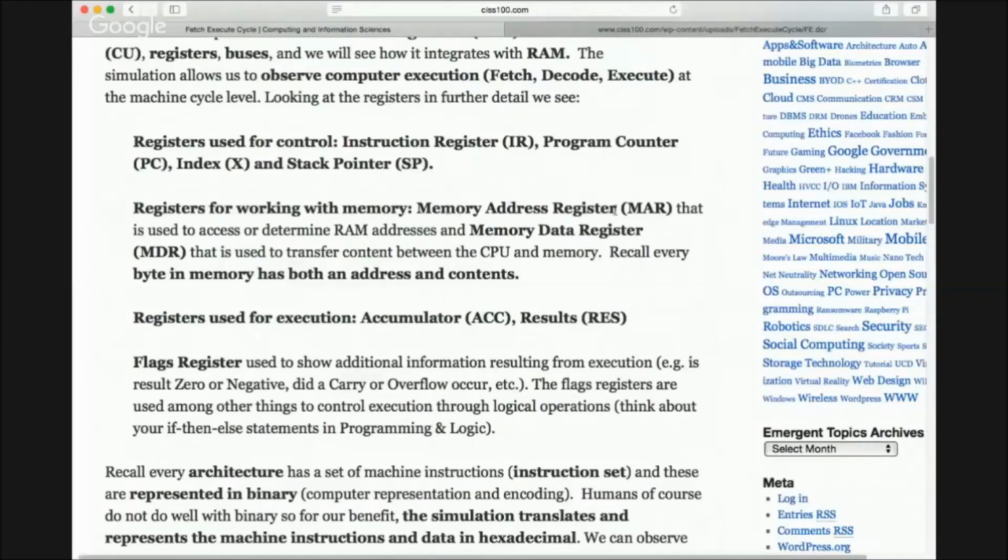So we use the memory address register to supply an address to pull down the contents into the memory data register. And note that this communication or transfer goes both ways. So I have information coming from RAM to the CPU, but the CPU may also store information back out to RAM through this mechanism.